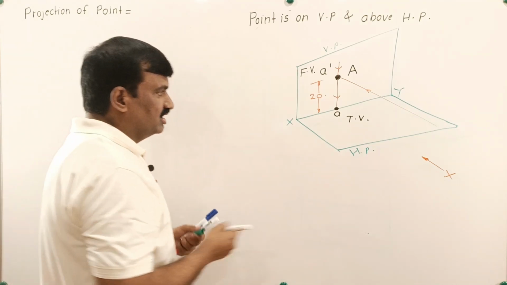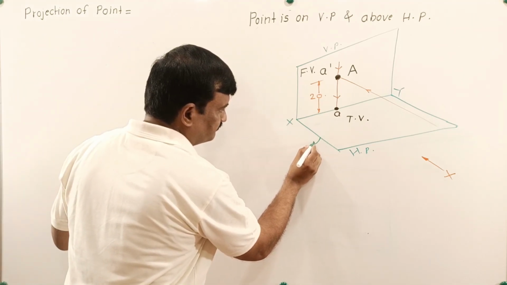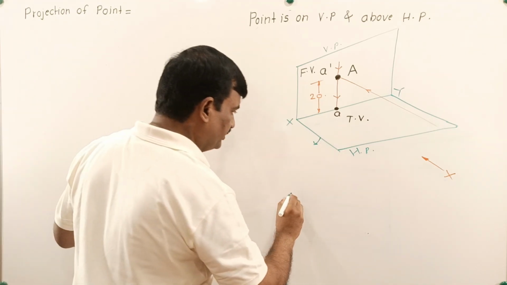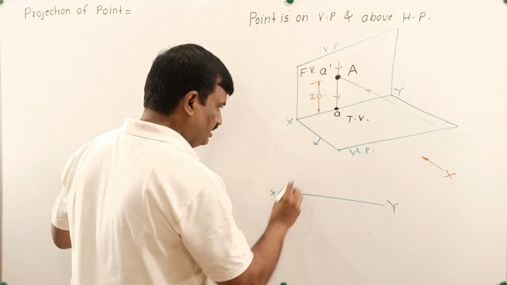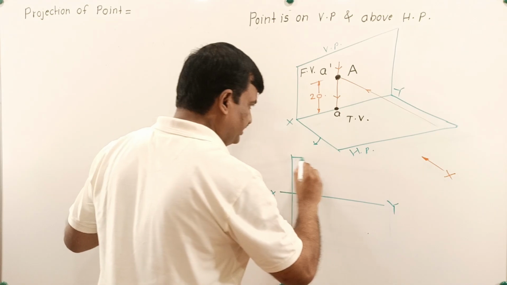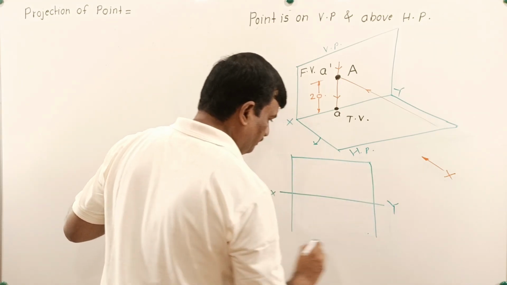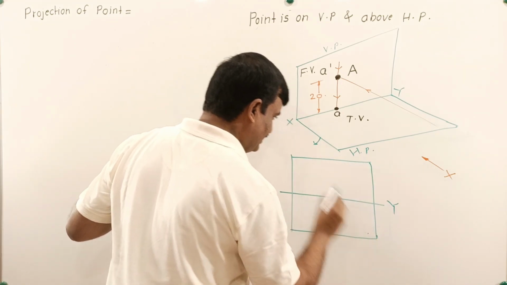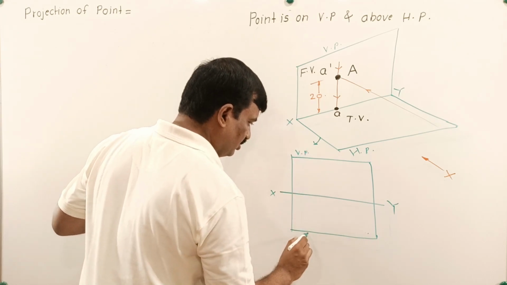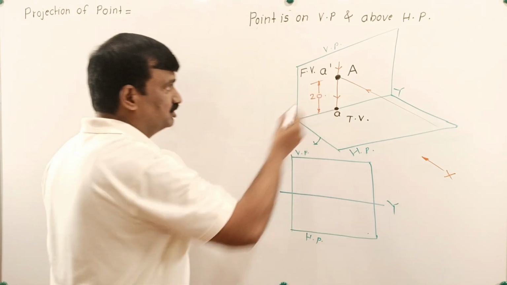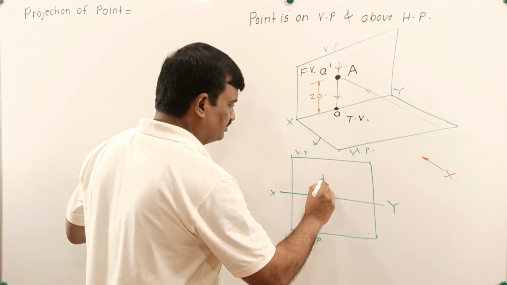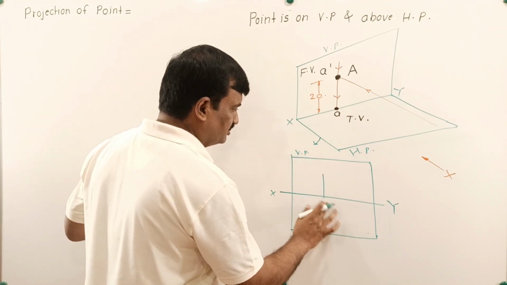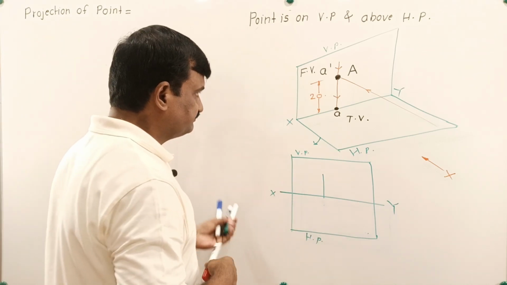So if you rotate HP through 90 degrees about XY, the XY line is found in the middle. Above the XY line is always the vertical plane. Below the XY line is always the horizontal plane. So how will it appear here? Above XY, here it is 20. So this distance is 20.